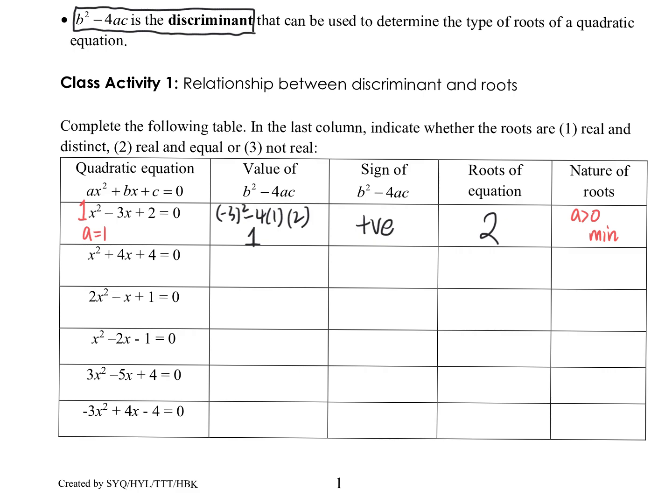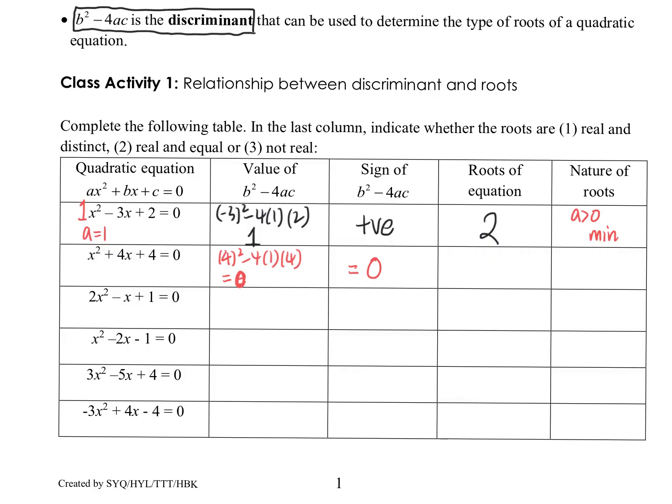This one, b square minus 4ac, quickly calculate. It's 0. So the sign is neutral, or we can just write that it's equal to 0.